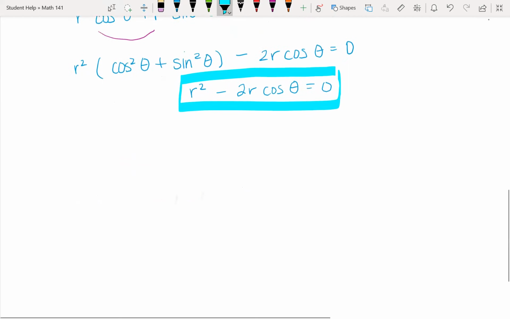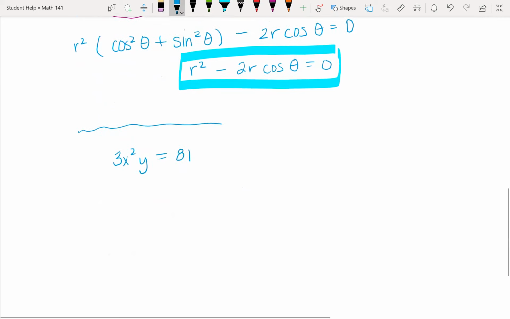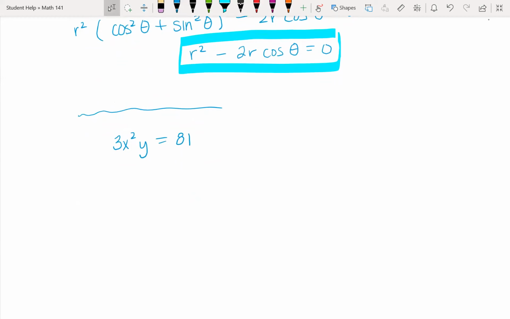All right, one more of those and then we'll switch to the opposite direction. Let's look at 3x squared y equals 81. So we'll have 3 times r cosine theta squared times r sine theta equals 81.